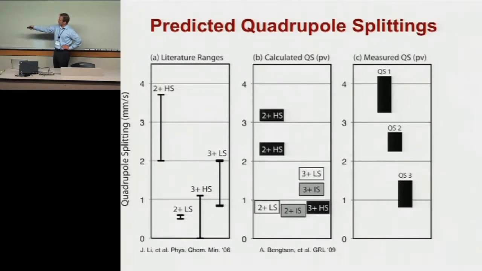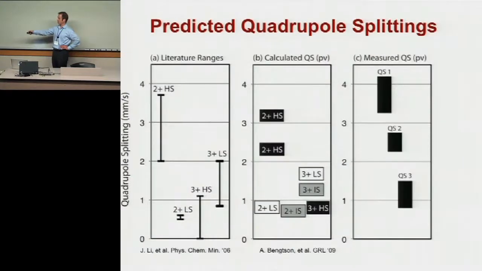Here are the ones that have been measured in the perovskite phase, and here are calculated quadrupole splittings for different spin states and valence states of iron. The interesting thing we found was that the intermediate spin state was way down here. It didn't look anything like the quadrupole splittings you see up here.